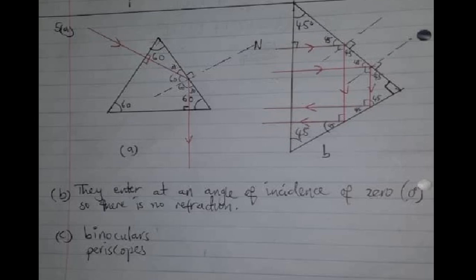So the angle of incidence is equal to the angle of reflection. Then it goes down. Now as it goes down, it goes at 90 degrees to the surface with which it's going to emerge. Then it's going to go out unrefracted.